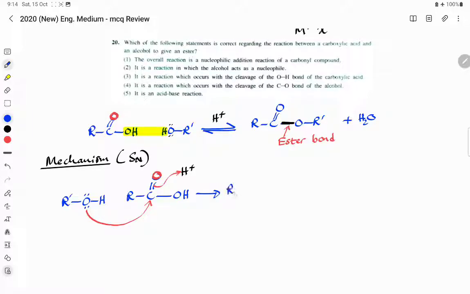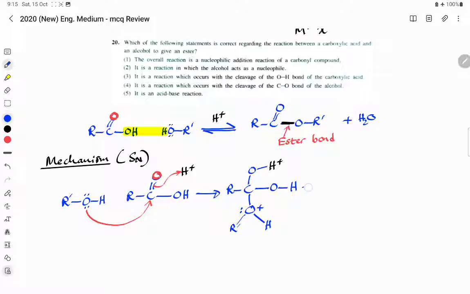Now we will get an OH here, this is the catalyst H plus here, and there's another OH there, and we get the alcohol groups attached. It's a plus now.